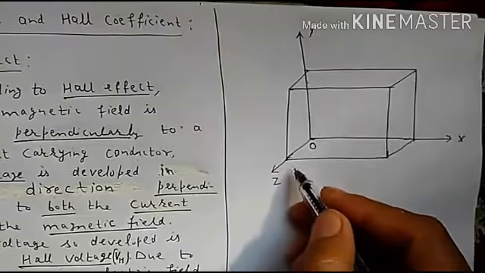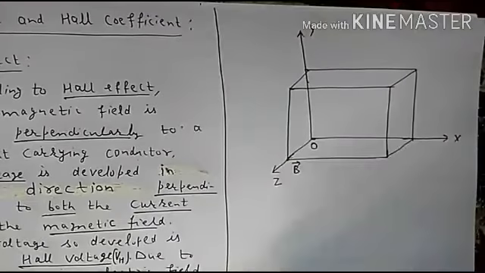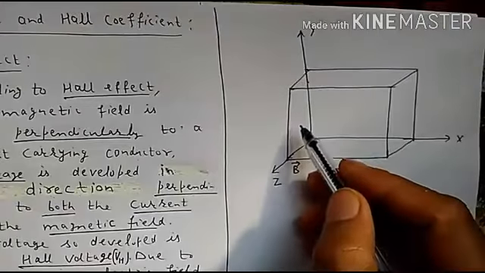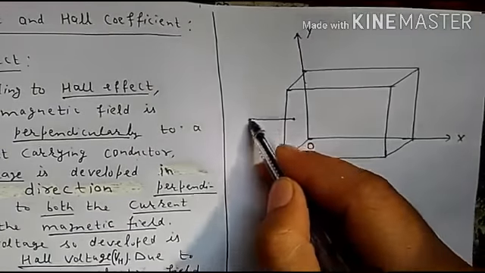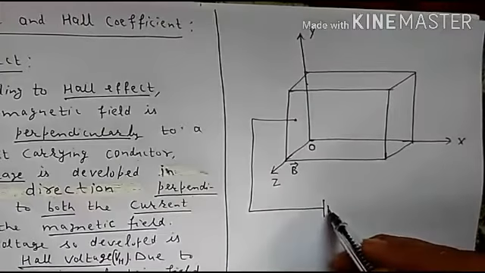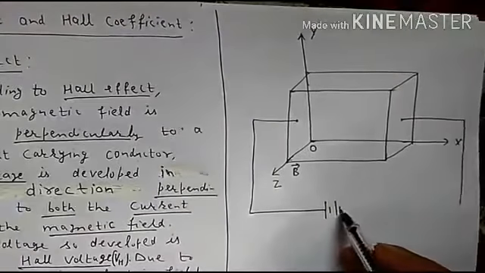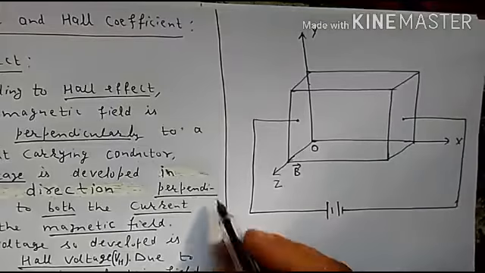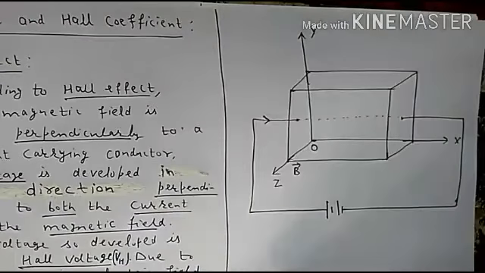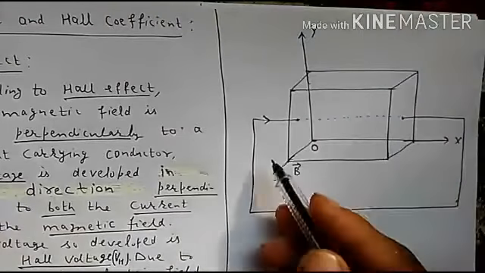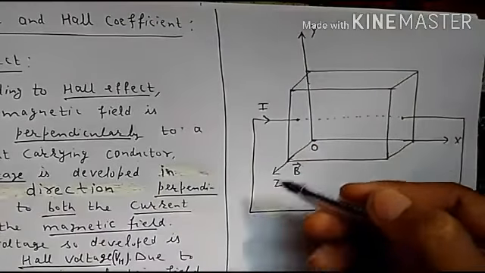Now suppose that magnetic field is applied along z-axis and current is flowing along the positive x-axis. That is, we have applied a battery. Due to this battery, the current will flow along the positive direction of x-axis. So current is flowing along x-axis, magnetic field is along z-axis.